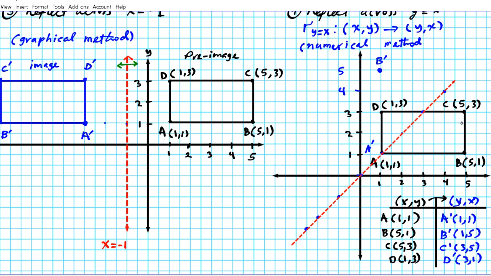And then C is going to be mapped to 3, 5. So 3, 5 right here, C prime. And then D, wait, hold on. D is going to be mapped to 3, 1. So 3, 1 right here. Bam. So there goes the image on the reflection. Quadrilateral A prime, B prime, C prime, D prime. All right, so let's draw in the rectangle.